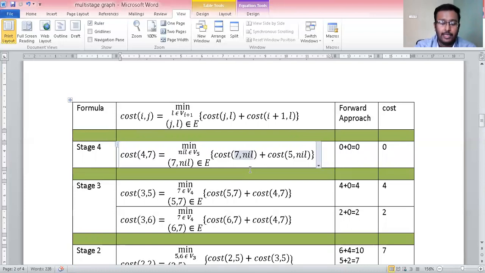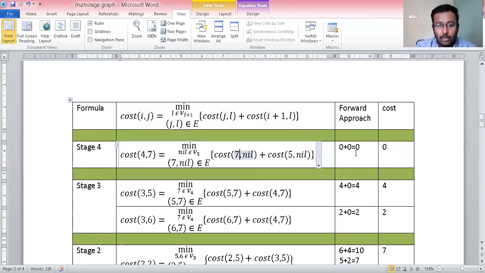I don't have stage 5 and there are no vertices at stage 5. And if a vertex j, that is 7, belongs to stage 4 and there is one more vertex L that belongs to stage i plus 1. So we are in stage 4 and if we proceed to stage 5, there are no vertices in stage 5. That is why wherever L is present, I have written a nil.